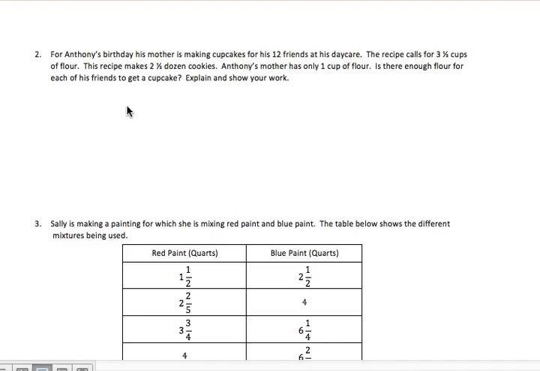So in this situation, we're looking at 3 1/3 cups of flour that makes 2 1/2 dozen cookies. So we're going to set it up as 3 1/3 divided by 2 1/2.